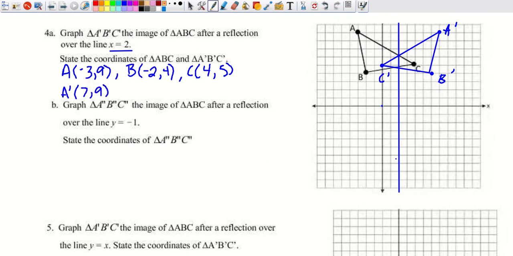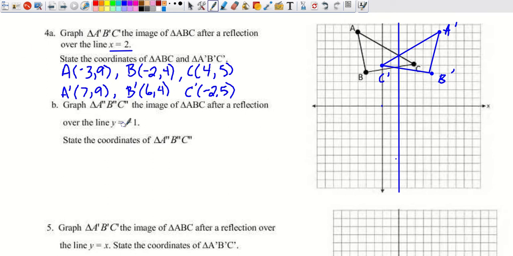The y coordinate is going to stay the same, right? B prime became the point (6, 4). And then C prime became the point (-2, 5). All right.